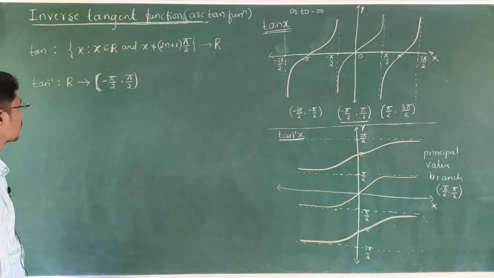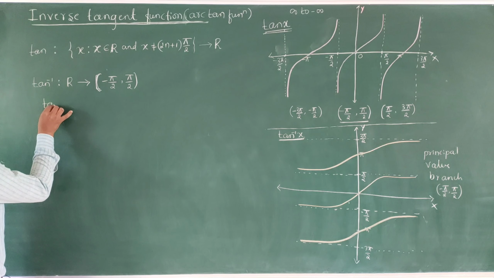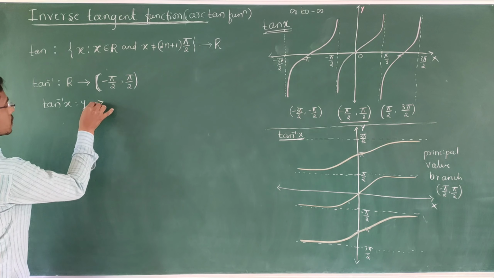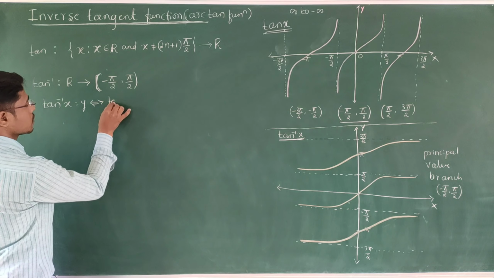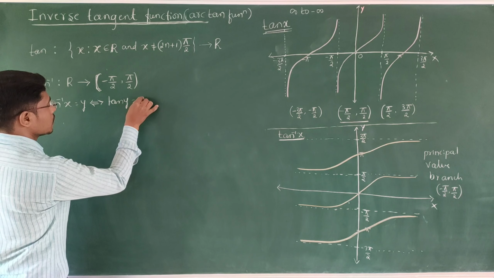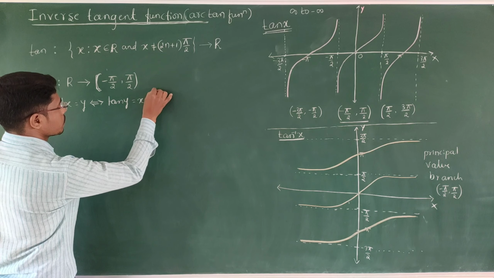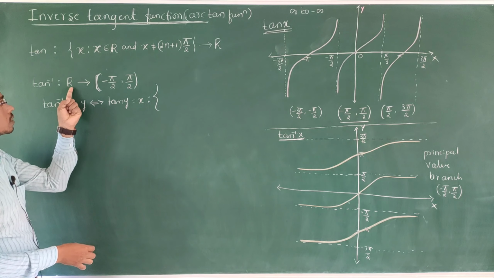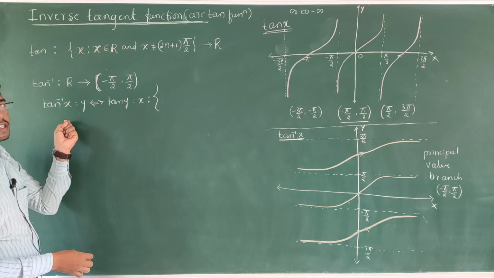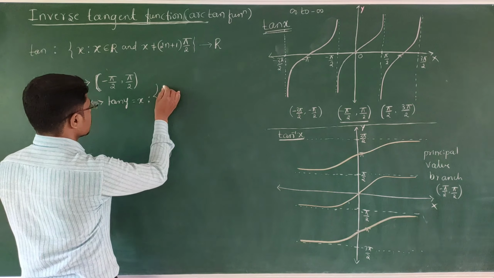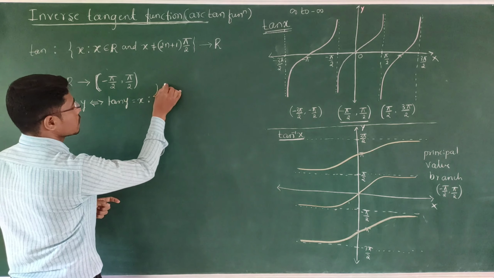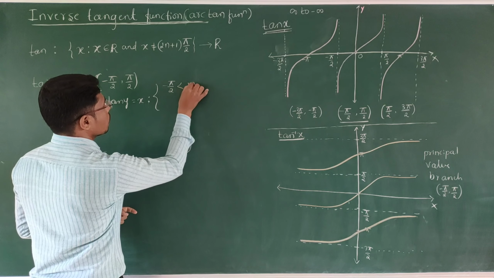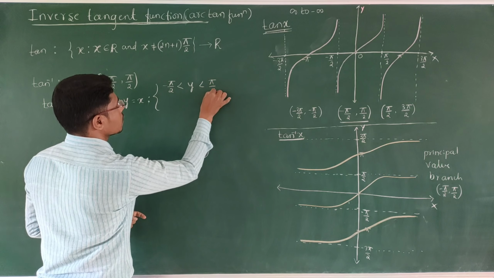So therefore now we can write tan inverse of x equal to y, which implies tan y is equal to x, such that x is the input, ranging from minus infinity to plus infinity, and the output y ranges from minus pi by 2 to pi divided by 2.